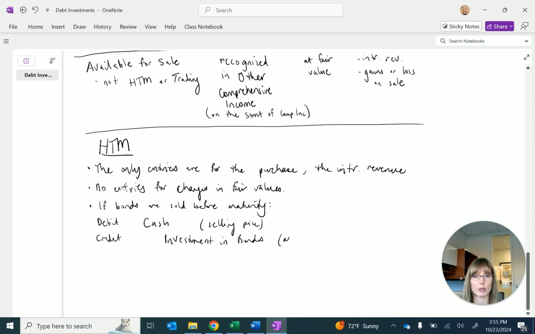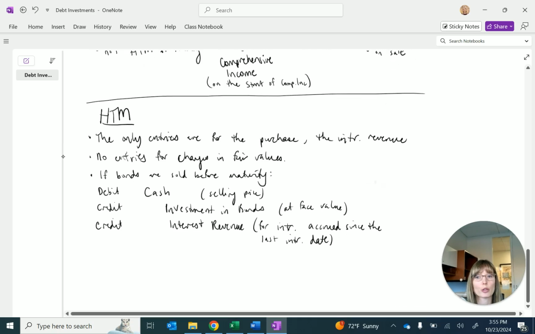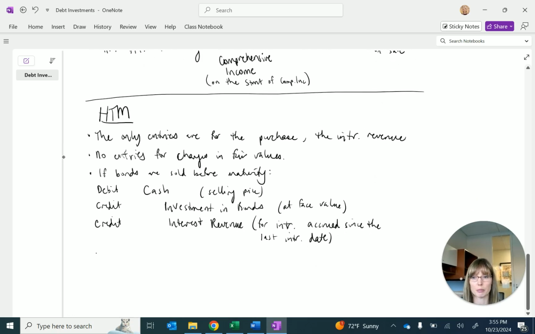The bond's face value, principal. We're going to credit interest revenue for any interest that may have accrued between the last interest payment date and the date of the sale. And then we would, of course, remove any discount or premium.